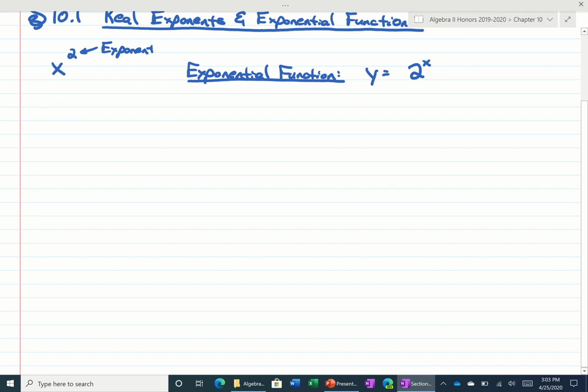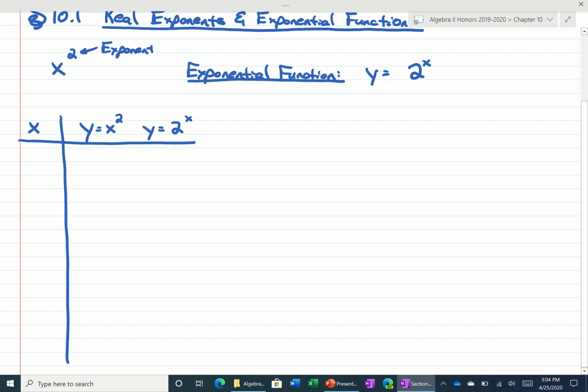So let's just do a little comparison, and we'll look to see what the difference is between, say, like y equals x squared and y is equal to 2 to the x. I'll pick different values of x. We'll make a little table. And let's see what we get.